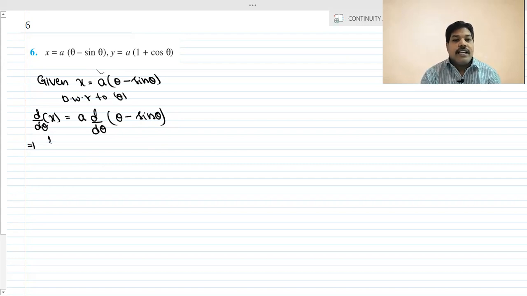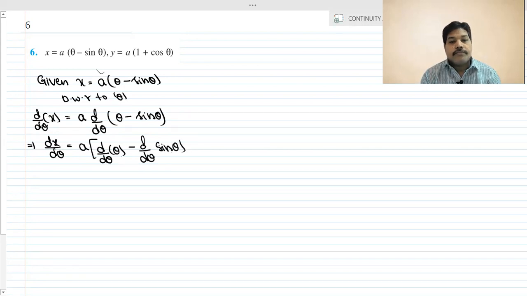That implies dx by d theta is equal to a into the derivative of theta minus the derivative of sin theta. The derivative of theta with respect to theta is 1, minus the derivative of sin theta, which is cos theta.